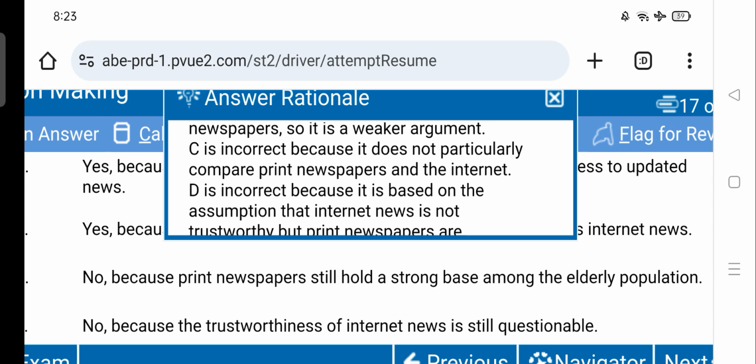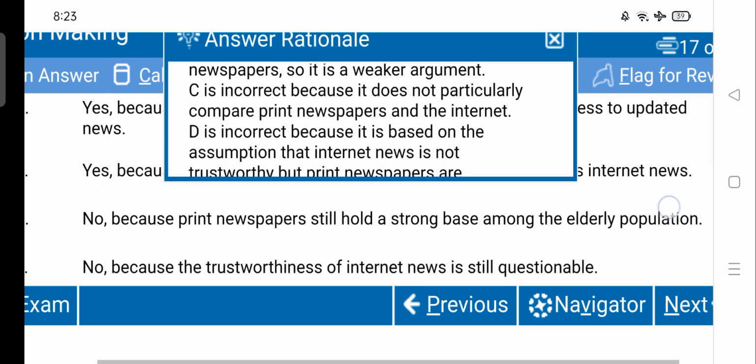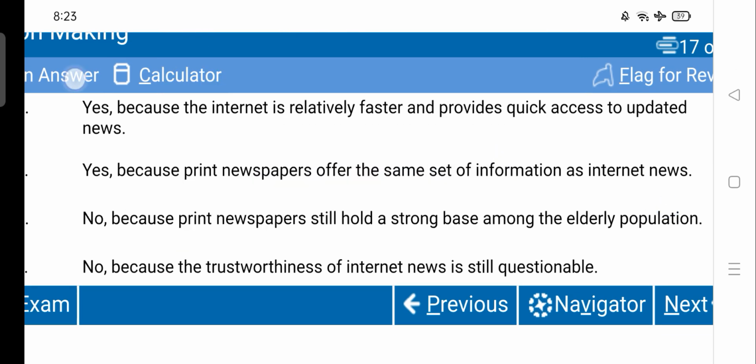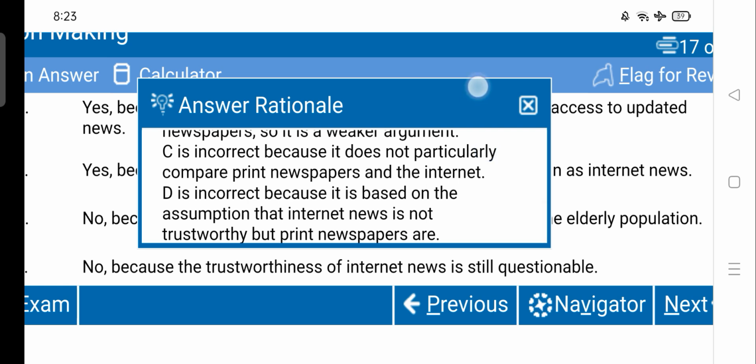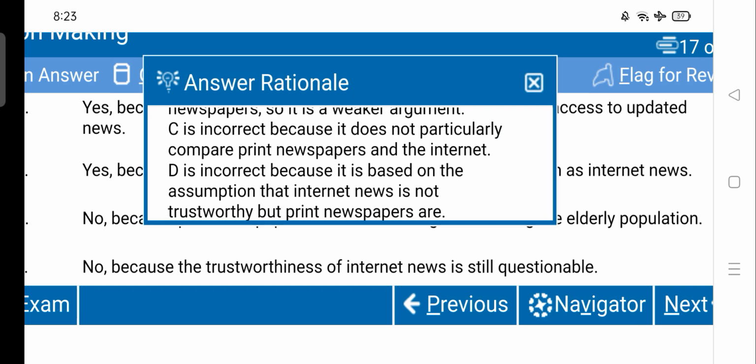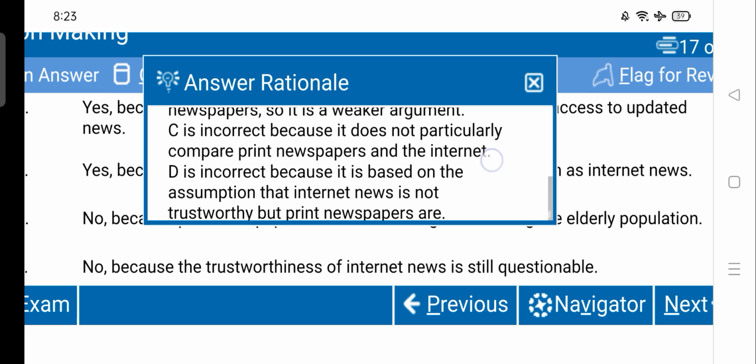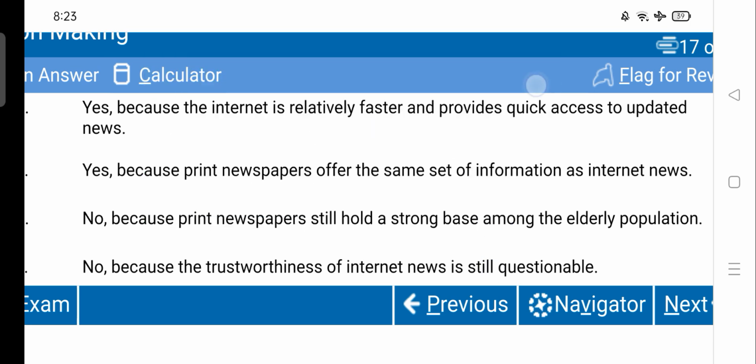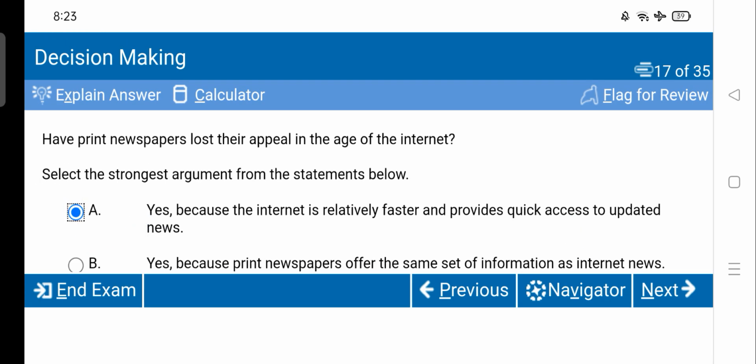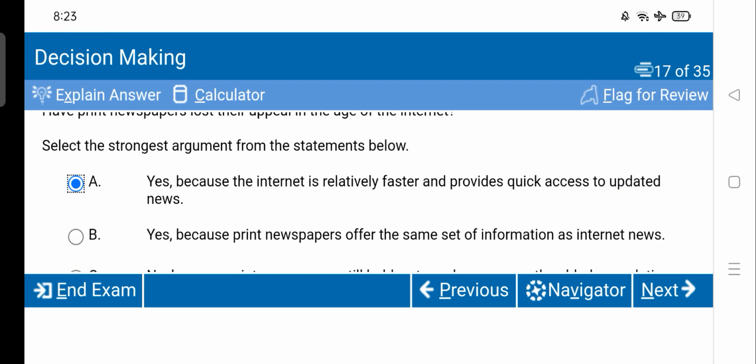C is incorrect because it does not particularly compare print newspapers and the internet. Option D is incorrect because it is based on the assumption that internet news is not trustworthy but print newspapers are. So here the correct option is option A, which says yes, because the internet is relatively faster and provides quick access to updated news.